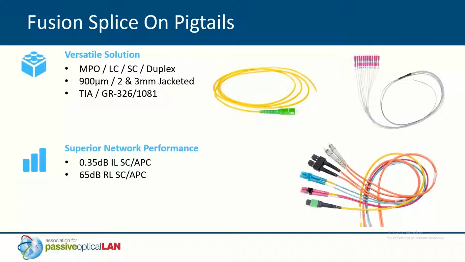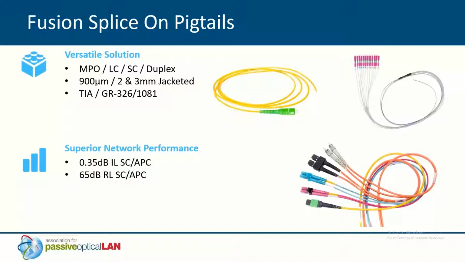So we can have pigtails for a single or dual type of connection that you see here, or we could have multiple pigtails that can go into a cassette. I also show different cable types and different connector types that can go onto these. And when we talk about splicing on connectors or pigtails, that's where we get the best benefit for our loss budget when we have to calculate that.